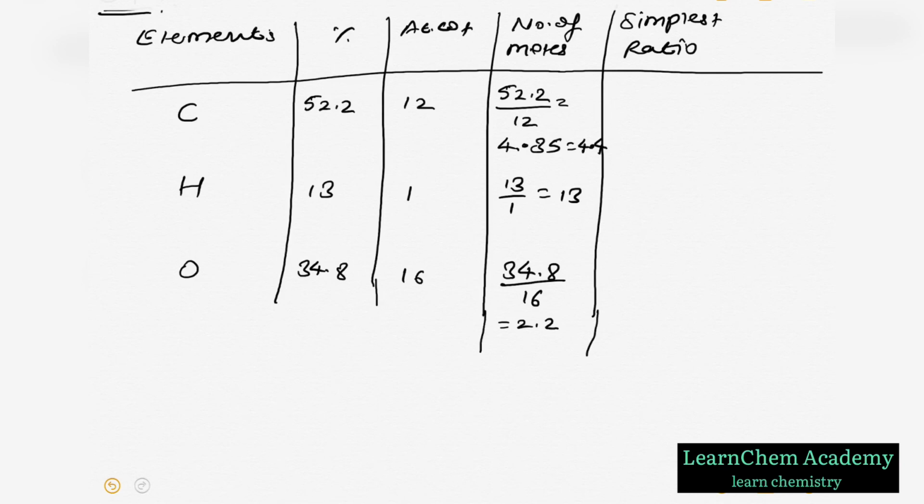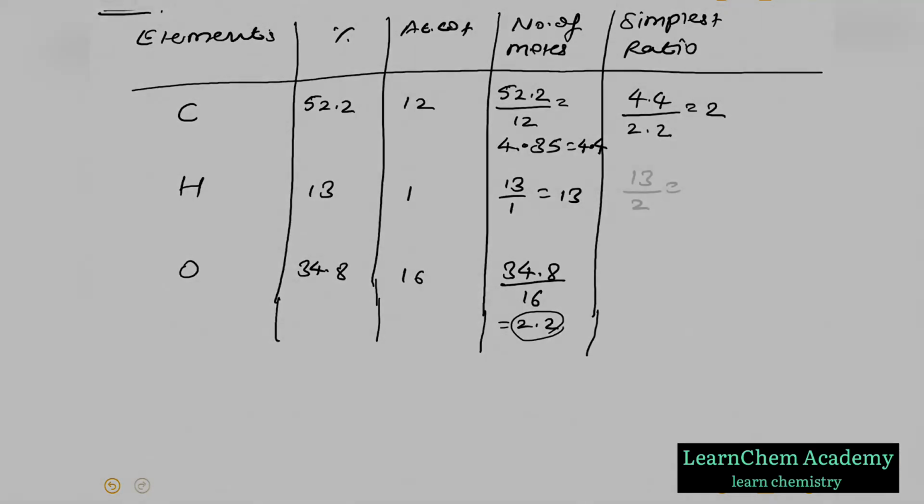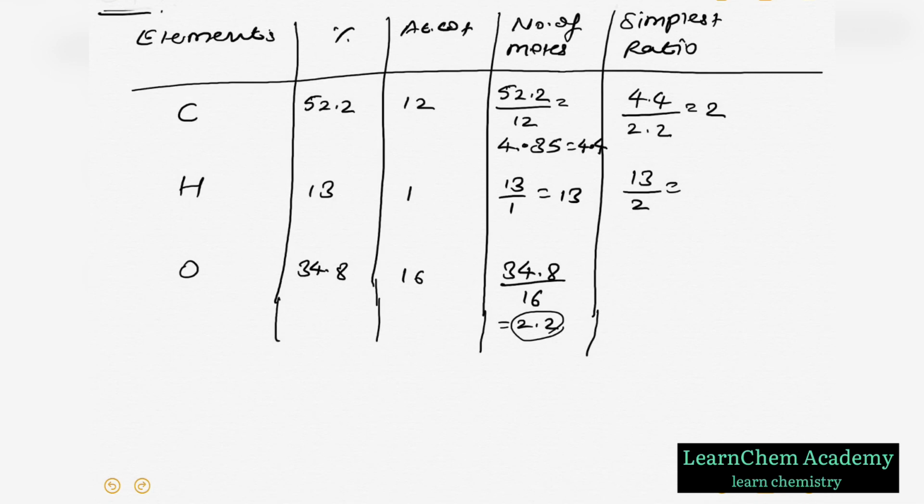Okay, so we have the number of moles. Now to get the simplest ratio, we have to divide all the numbers of moles by the smallest number. Our smallest number is 2.2. So 4.4 divided by 2.2 gives 2, 13 by 2.2 gives 5.9, and 2.2 divided by 2.2 gives 1.